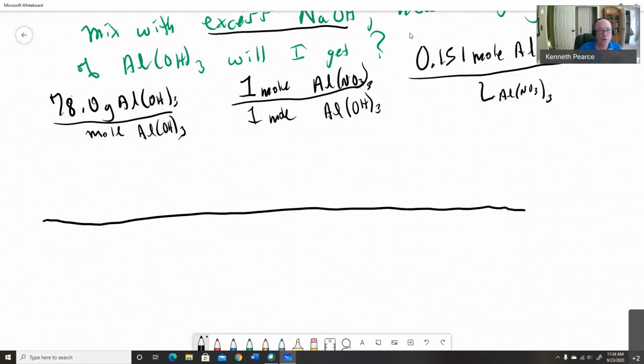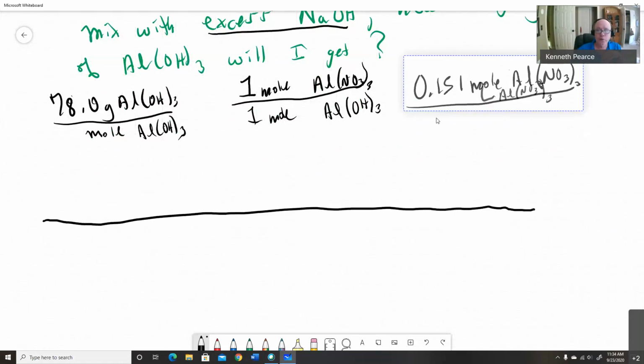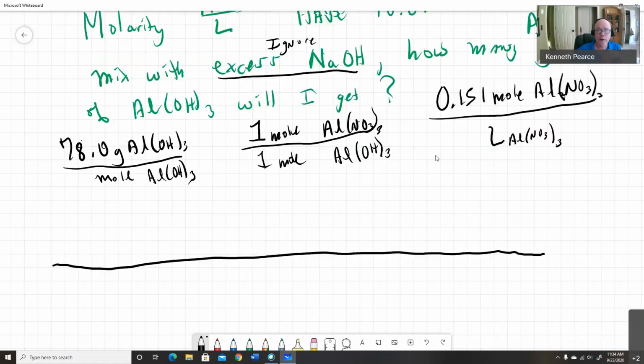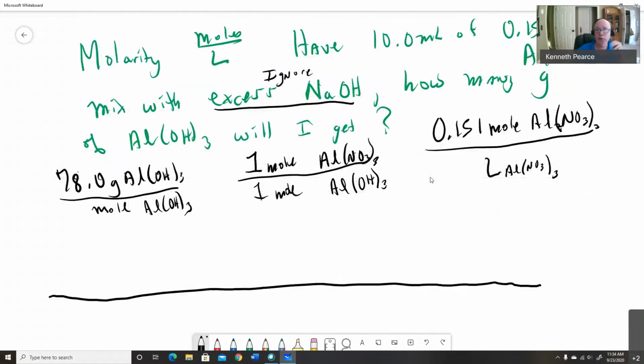And we draw a really long line, and we start with our measured number. What is our measured number? We go back up here, and our measured number is 10 milliliters. It's what you measured out. Now, the one thing that I hadn't mentioned is that you need to convert your milliliters to liters.